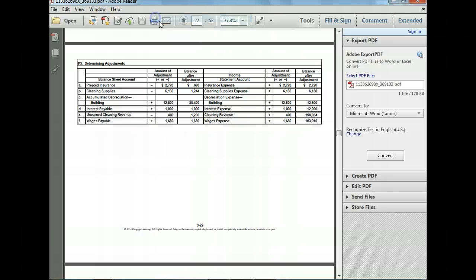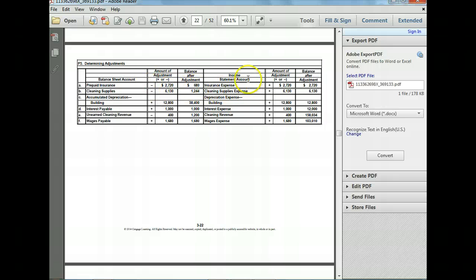rotate view clockwise. As you see here, the difference, the $3,600 minus the $680, gives us $2,720. The balance sheet account that will be adjusted is the prepaid insurance. It was $3,600 on the trial balance, but it needs to be reduced to $680. So we're going to reduce this asset on the balance sheet, or credit it, $2,720.